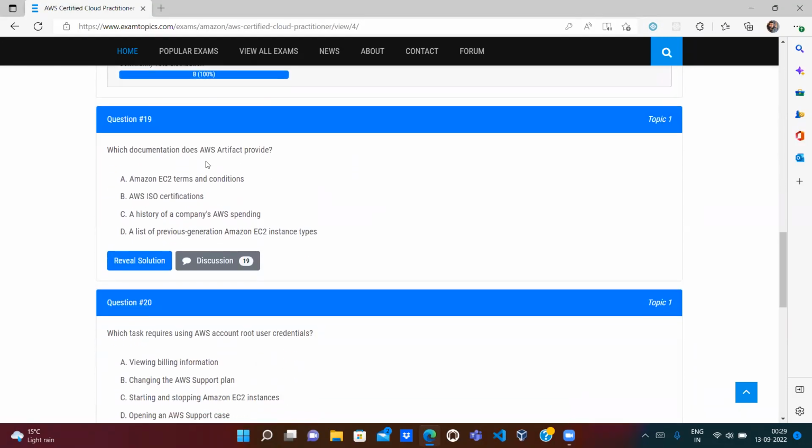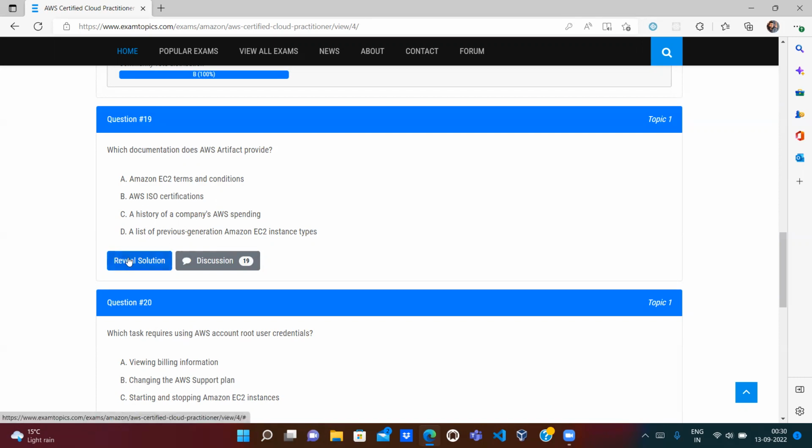Which documentation does AWS Artifact provide? Artifact is a place where documentation is stored. Is it Amazon EC2 terms and conditions? No. AWS ISO certifications? That is correct. History of a company's AWS spending? No. Why would they share the spending publicly? A list of previous generation Amazon EC2 instances?